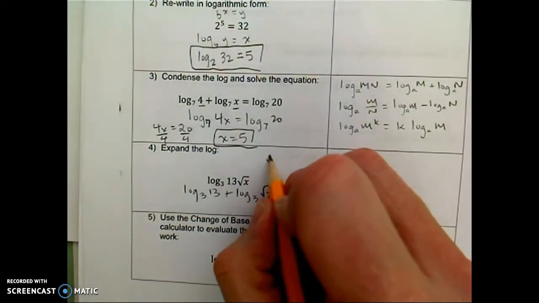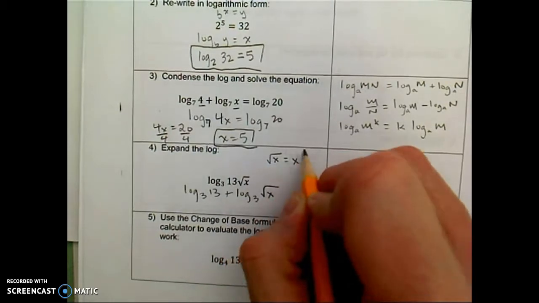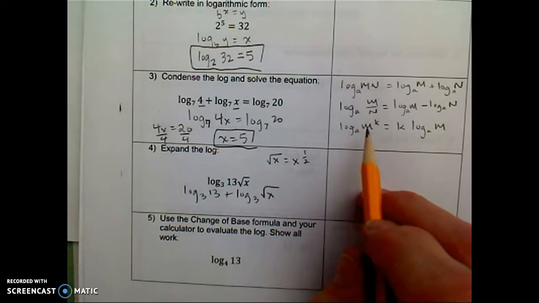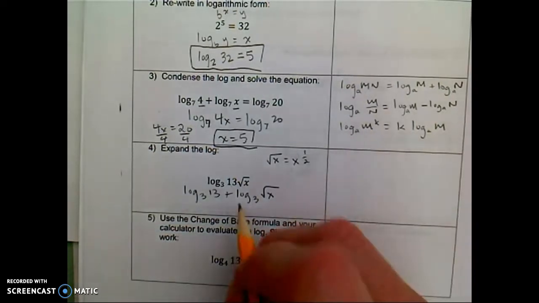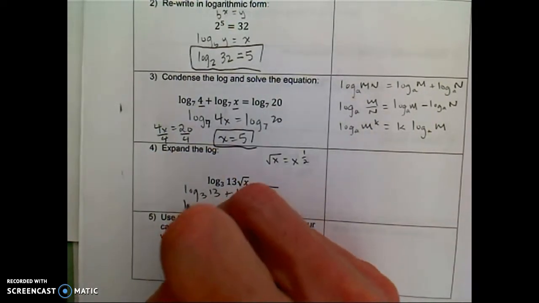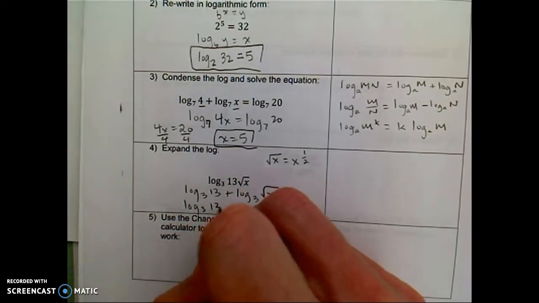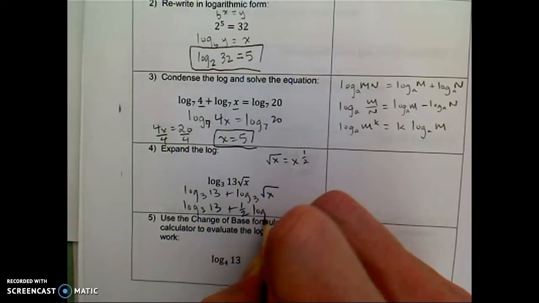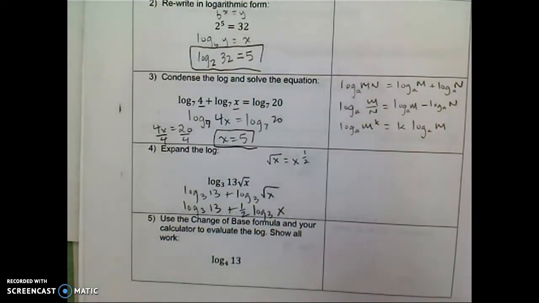But remember, the square root of x is the same as saying x to the 1/2 power. So now I've got a log expression where I have an exponent. So I need to separate this one out. Log base 3 of 13 plus 1/2 log base 3 of x.